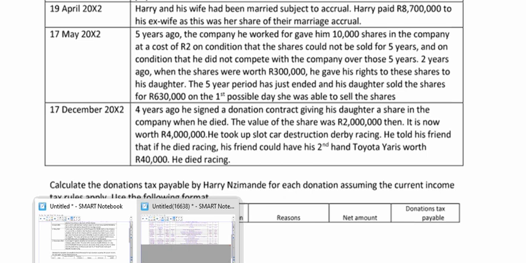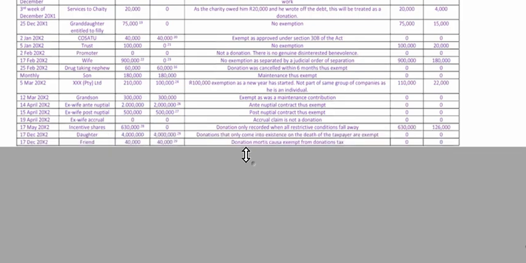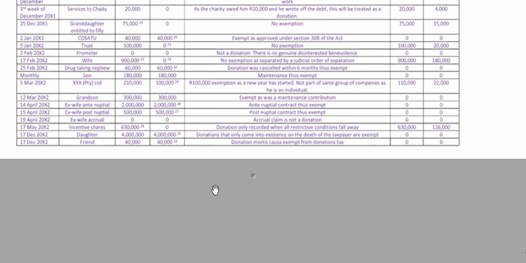Now, both of these, the only reason people are getting this is because he died. They're both subject to estate duty. Donations mortis causa, or donations that only come into existence on the death of a taxpayer, are both exempt for donations tax purposes, and no donations tax is going to be payable on them.